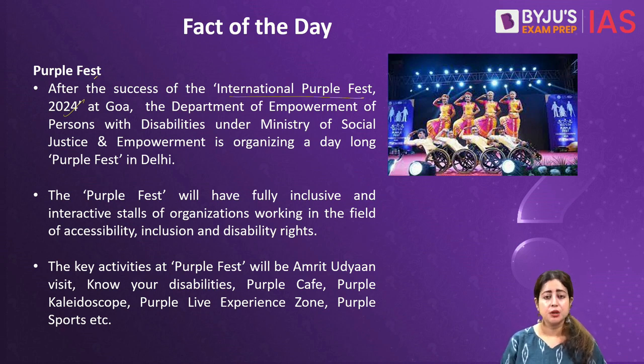The purpose was to promote the interests of people who are suffering from physical disabilities. Hence, inspired by the success of this international event, the Indian government has now initiated one-day-long Purple Fest in New Delhi. This is being done under the Ministry of Social Justice and Empowerment.